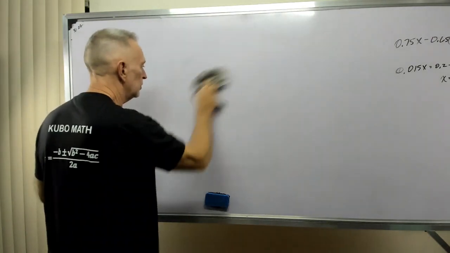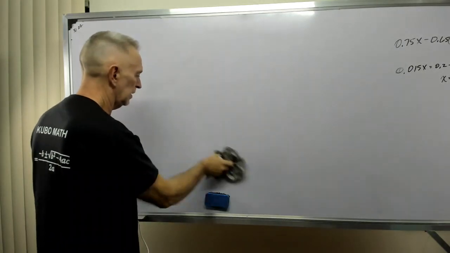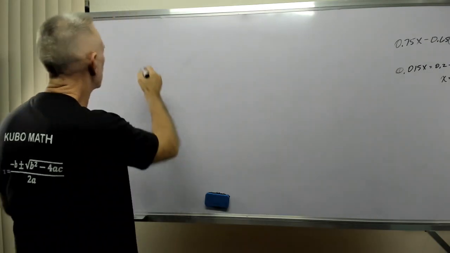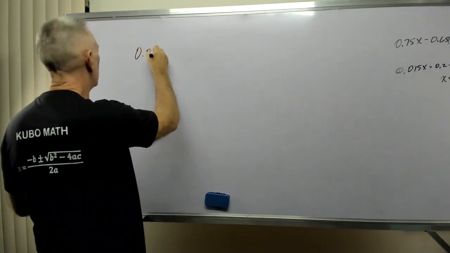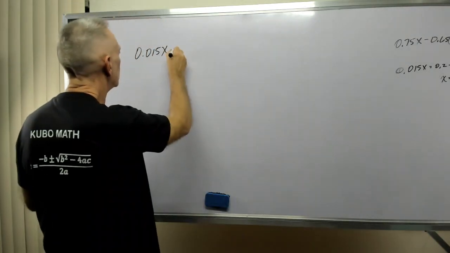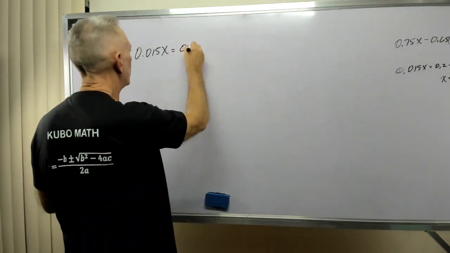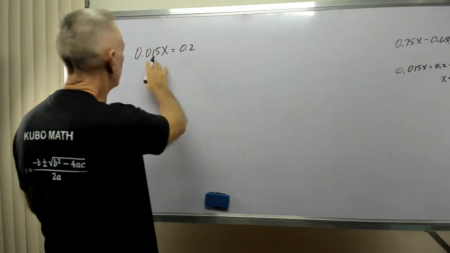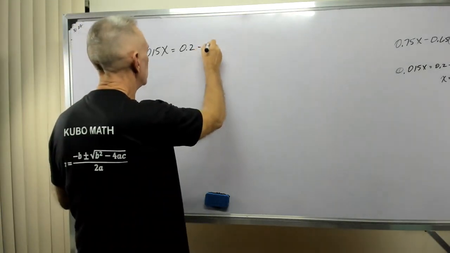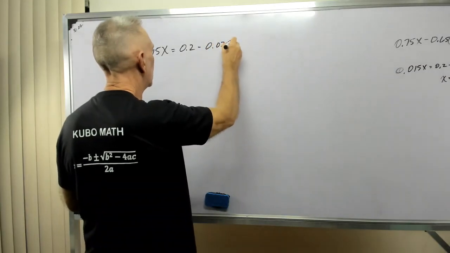All right, this one, I'll let you tell me what you should do here. 0.015x equals 0.2 minus 0.025x.